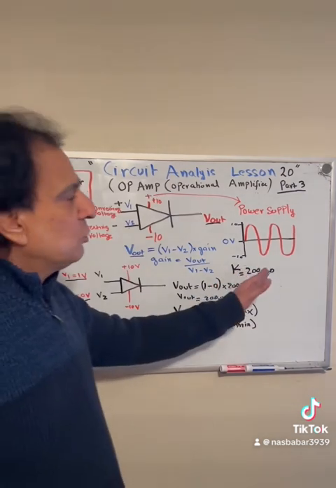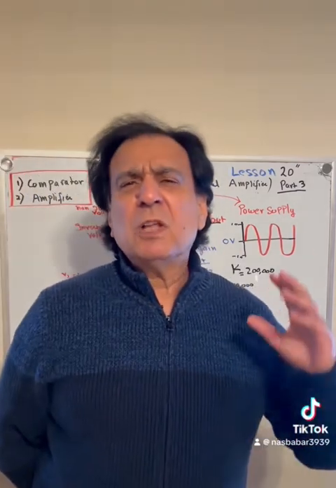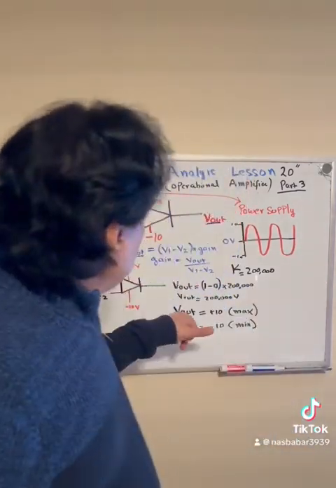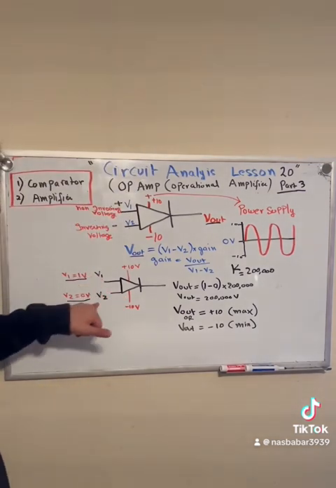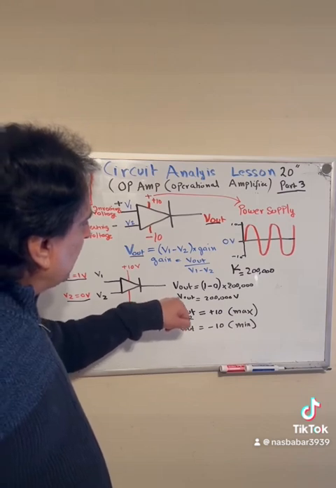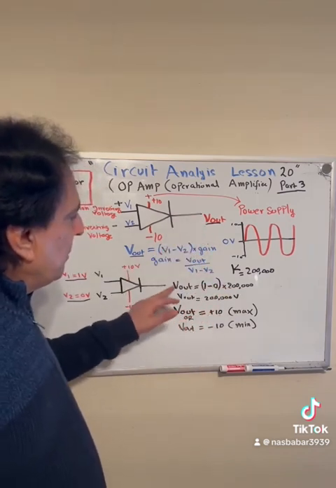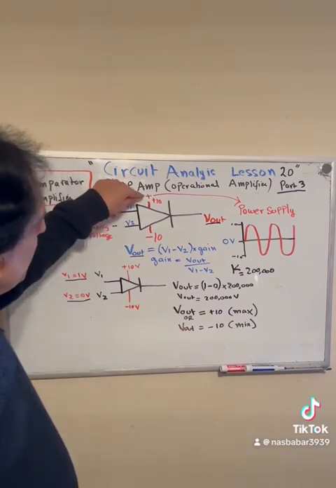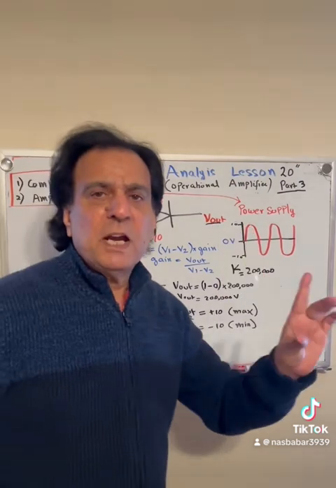This constant is 200,000, but in reality, it's infinity because of the high impedance. In this particular example, if this is 1 volt and this is 0, based on the calculation we get 200,000 for V sub out, but in reality, we can only top up to plus 10 or minus 10, which is the voltage supplied by the power supply.